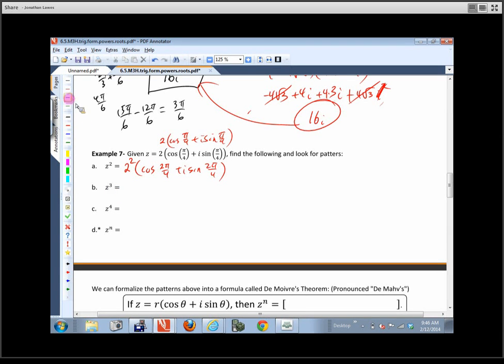Okay. What if I cube it? Let me write another one. So I'd have to multiply all of these together. What do I do with the moduli? Multiply them all together, so it'd be 2 times 2 times 2, so that's going to be 2 to the third. Cosine of, I'd add all of those together, so what would I get? 3 pi fourths.